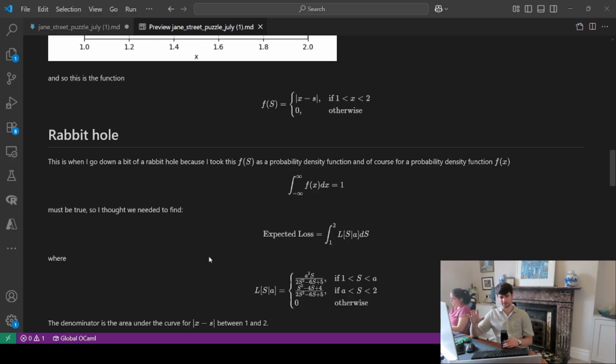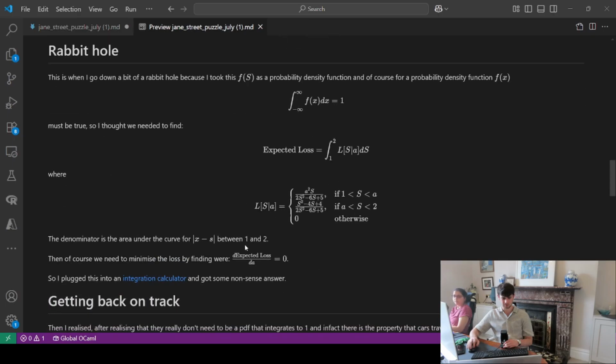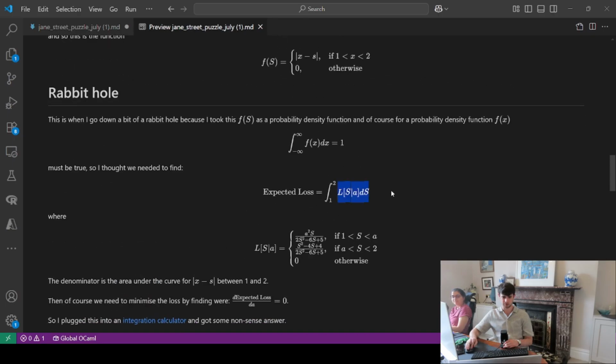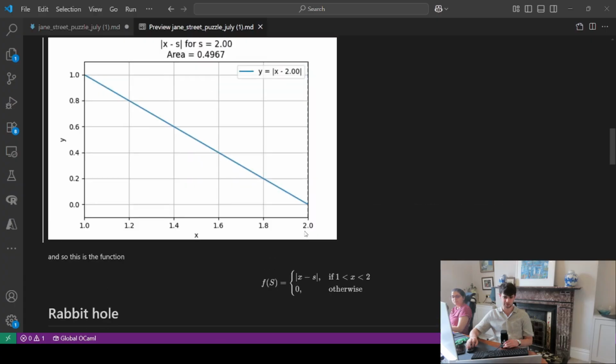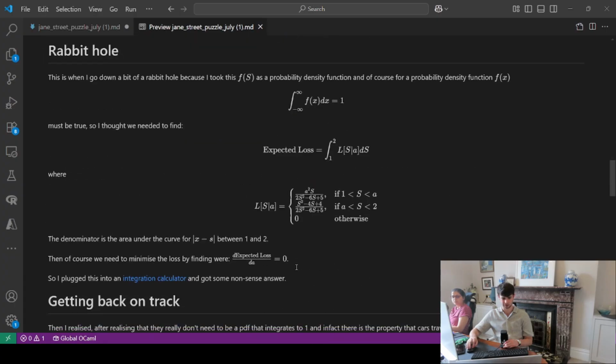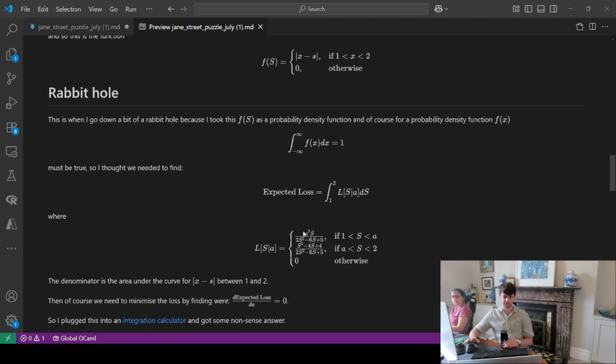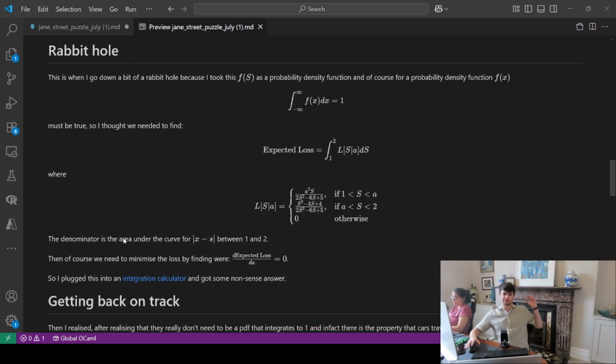So I overcomplicated the question, and I got the expected loss equal to this, which is my poor attempt of turning this into a probability density function multiplied by the loss when you get hit by a car. I plugged this into an integration calculator and got a result that was nonsense. It was like minus something.